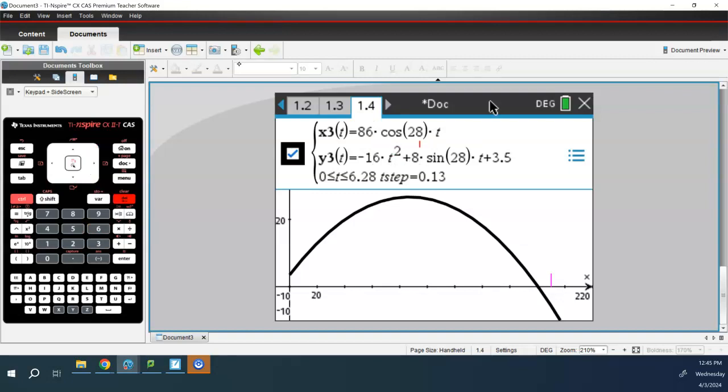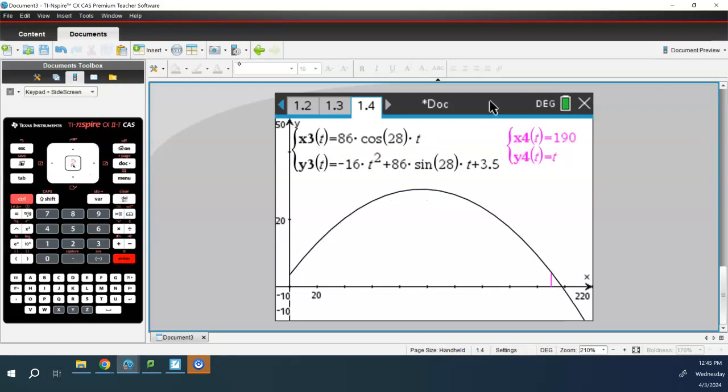Side note, Rose, guess what the answer is? 86. Does he hit a dinger at 86? Yeah, it barely clears the wall at 86. Okay? And you can quite quickly adjust that one to see when to adjust the parameters of your problem. Okay?